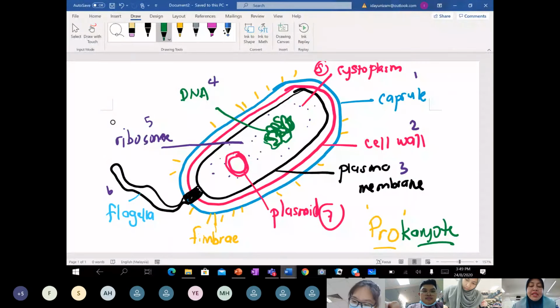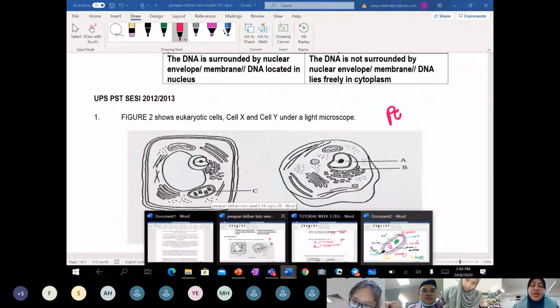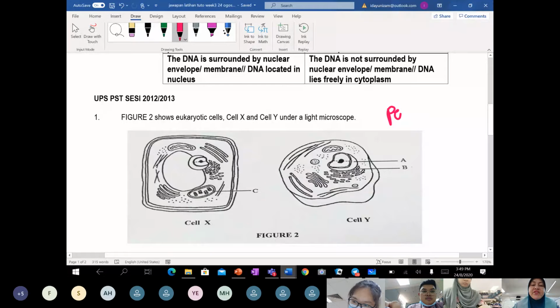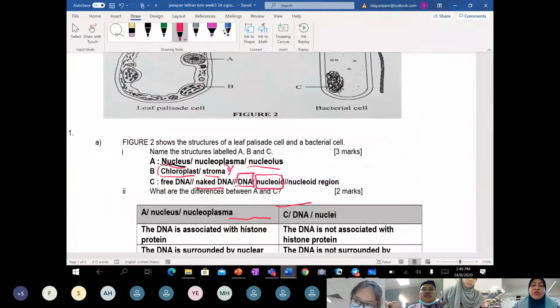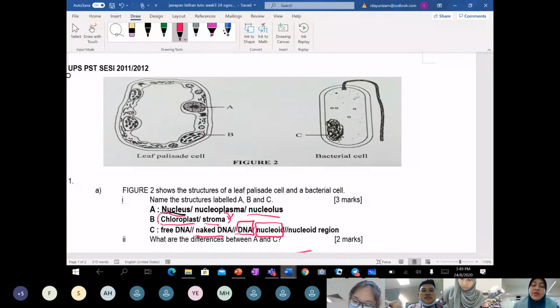But in this question, it specifically refers to this nuclear DNA, not the circular DNA, not the plasmid, Aish.